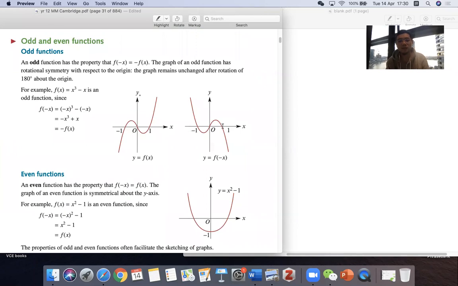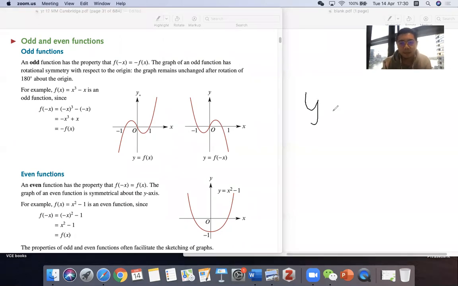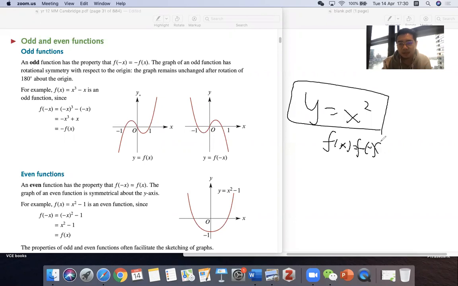So for even function, the basic idea is f(x) equals f(negative x). So the property is the symmetry about the y-axis. And I can give you an example to remember. Just remember y equals x squared. This one is an even function, to help you understand what an even function is.